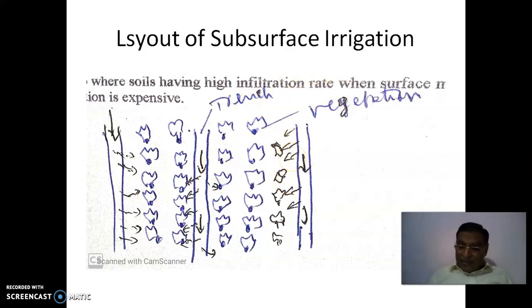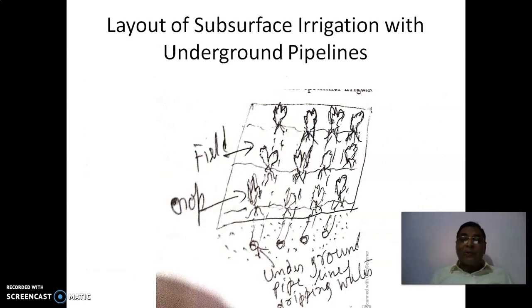This is very important, and this is simply filling the trench with water. The next method: here you can see the underground pipelines or tile drains. Pipelines are laid underground along the rows of the trees or crop. They are simply underground pipelines dripping water.